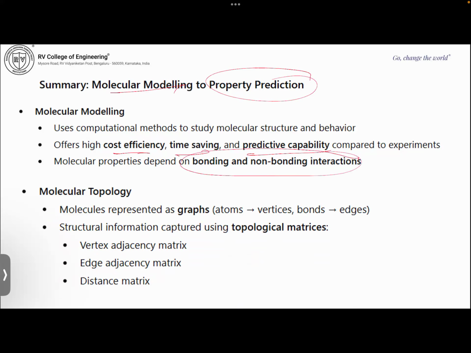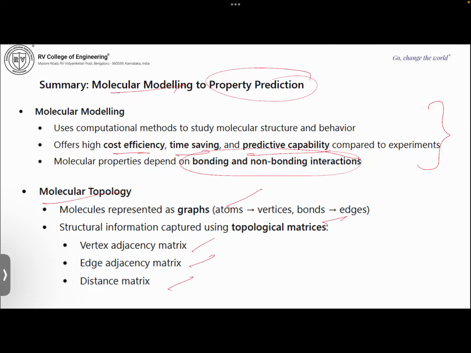These we discussed in the first recording, part one. Then the second one, molecular topology: molecules are represented as graphs, with atoms as vertices and bonds as edges. The structural information is captured using topological matrices like the vertex adjacency matrix, edge adjacency matrix, and distance adjacency matrix.